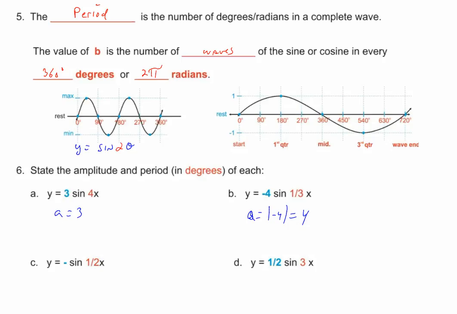Well, the way you figure out the period is you take the normal amount, 360, or 2 pi if you were doing radians, and you divide it by that b value. So we're going to divide by 2. And what is the period? 180 degrees. And isn't that the case? Don't we have a complete wave at 180 degrees?